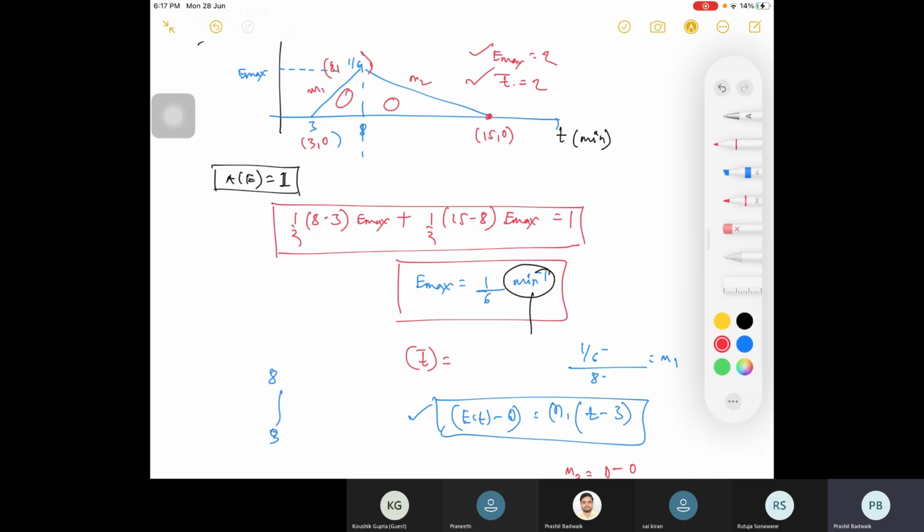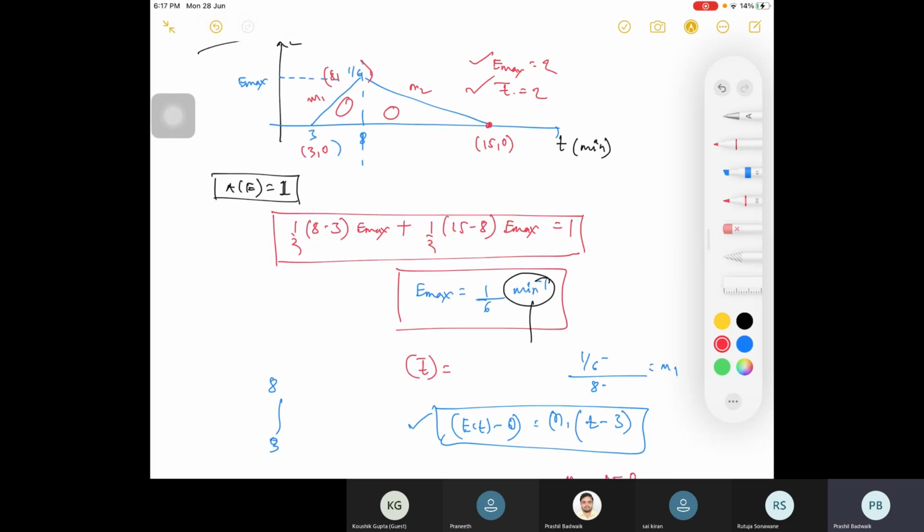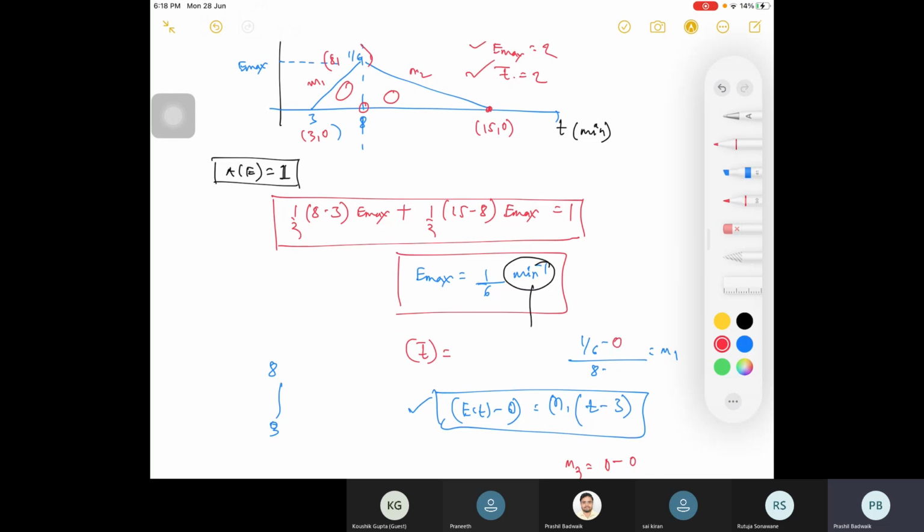Here you have the x coordinate as 8 and the y coordinate as 1/6. So you will have 1/6 minus 0, that is y, and 8 minus 3, change in x. Now is it correct? Yes, sir.